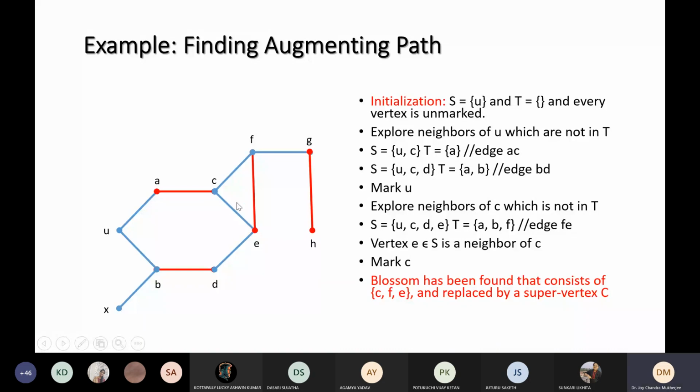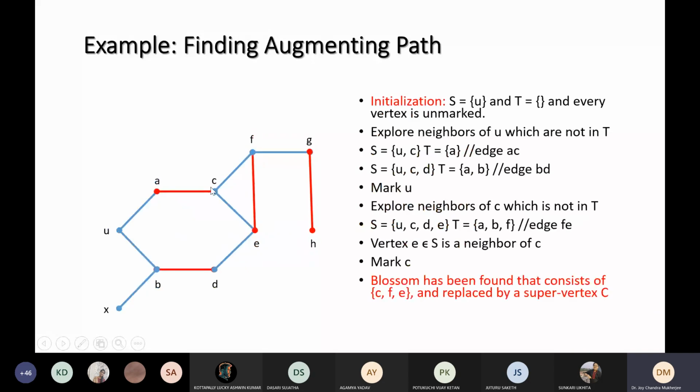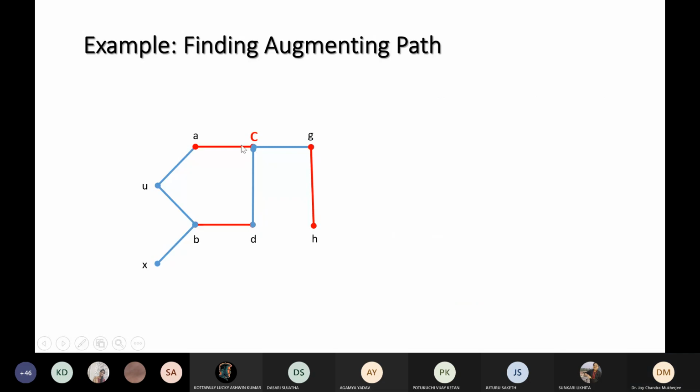So D is adjacent to the super vertex C and the super vertex C is adjacent to G. This is a capital C, it is not the earlier small c. So basically you consider there is a very small triangle out here.